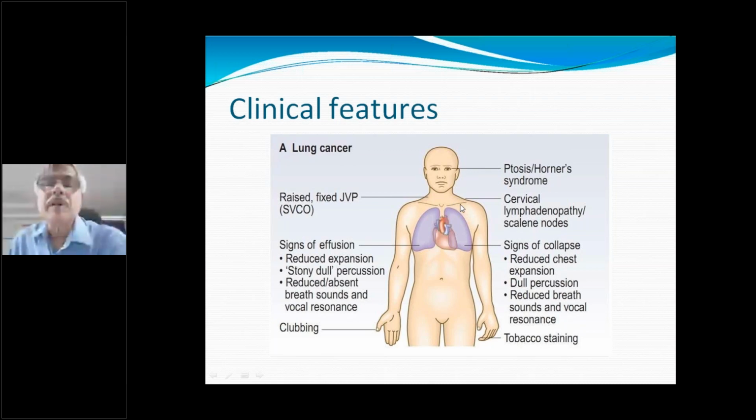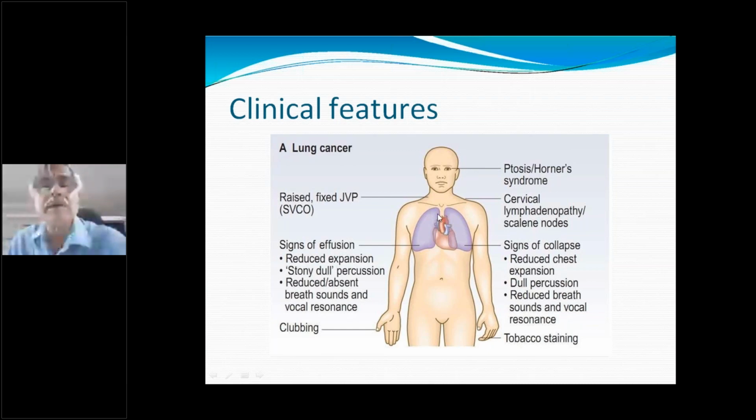Deep cervical lymph node, that is present in between the two heads of the sternocleidomastoid on the left side. Of course, scalene lymph nodes are also enlarged. And of course, superior vena cava syndrome, and subclavian sympathetic involvement. Then because of central location, of course, it may present with collapse of the lung. It may present with bronchiectasis.